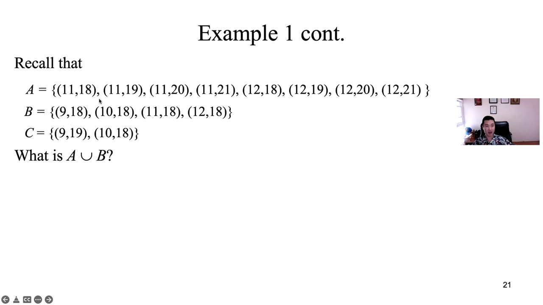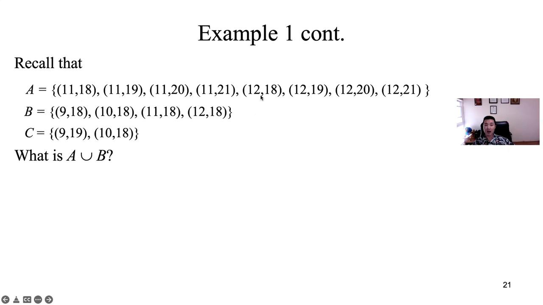Let's see if there's anything in common between A and B. One thing in common is 11 and 18. If 11 and 18 occurs, then both events A and B occur. So they are not mutually exclusive.